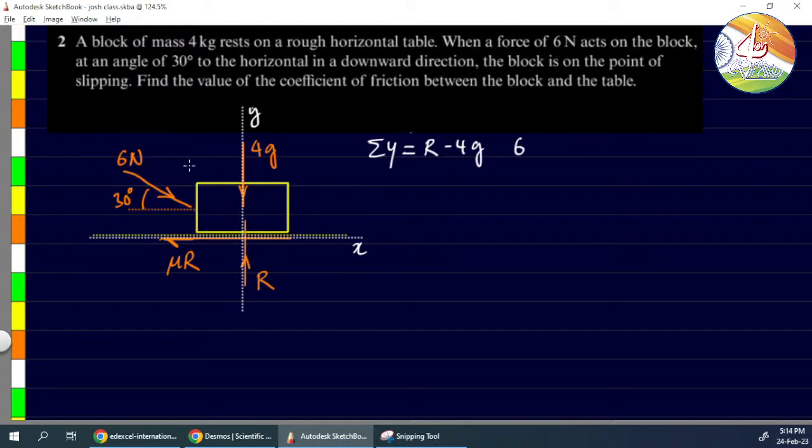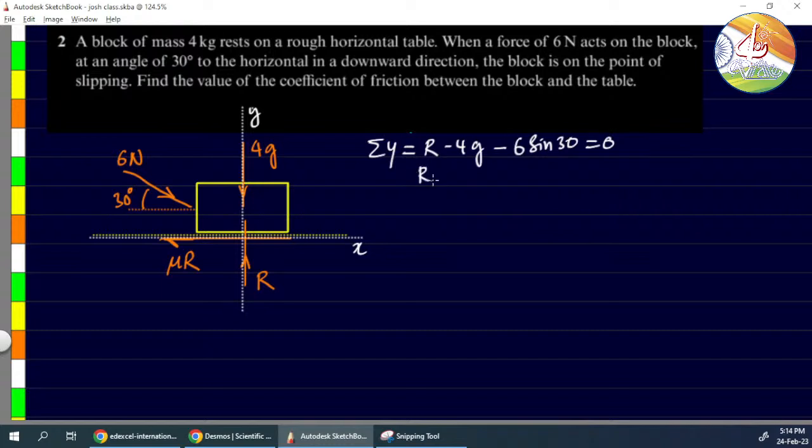For this one, the vertical component will be sine, because it's going away. So sine of 30, positive or negative? It will be negative. So all the vertical components taken. So sum should be equal to 0.